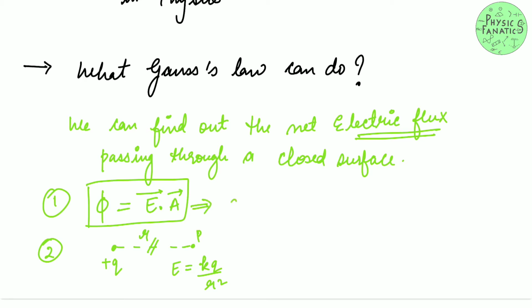For example, I'll talk about a small flux passing through a small area, so I will write E dot dA, and simply integrate it over the entire region in order to find the overall flux. So these methods of finding flux I already know.